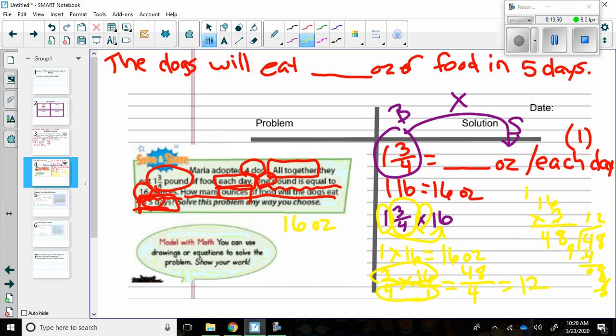So the first pound of dog food was 16 ounces. 3/4 of the dog food is 12 ounces, making it 28 ounces of dog food each day.